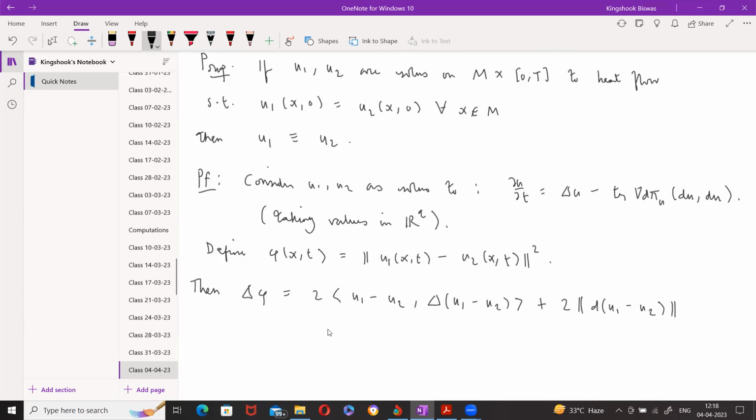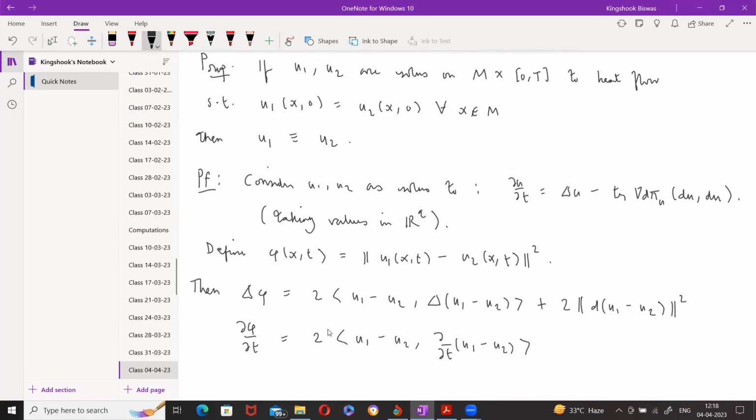Okay. Right. This we already proved. And del phi del T will be twice inner product of U1 minus U2 with del del T of U1 minus U2. Right.